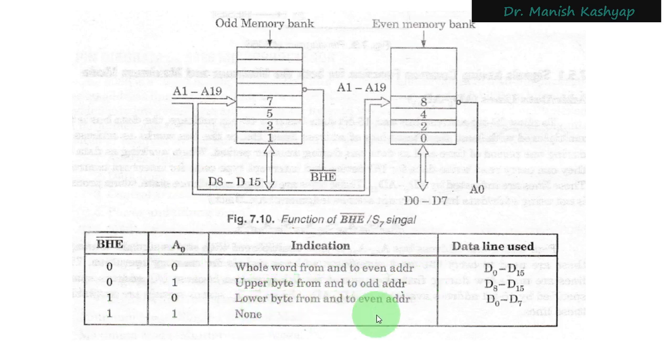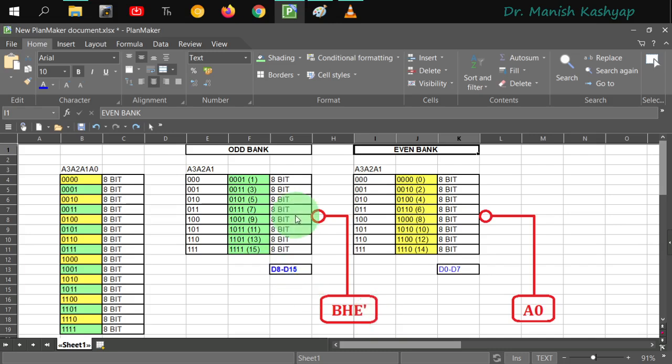You will be able to figure out that this segregation into odd and even memory banks has helped us to write a complete word into the memory at once if it is desired. And even if you want to write only one byte into the memory, you can select either odd bank or even bank by selecting these appropriate signals, right? So this is the advantage of using segregated memory.